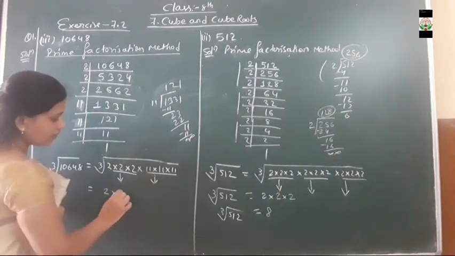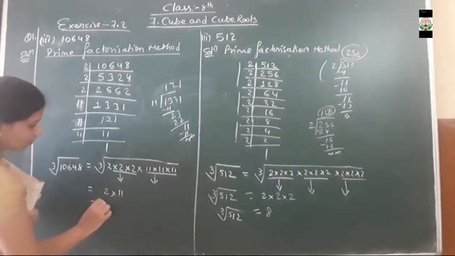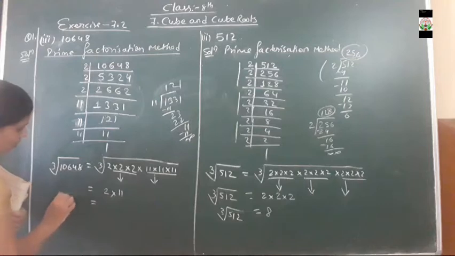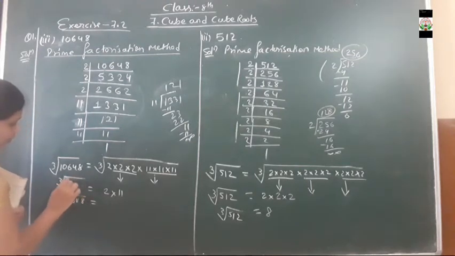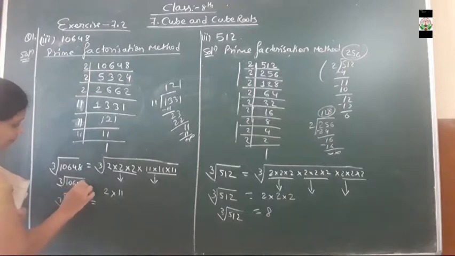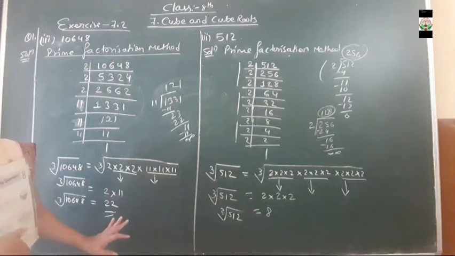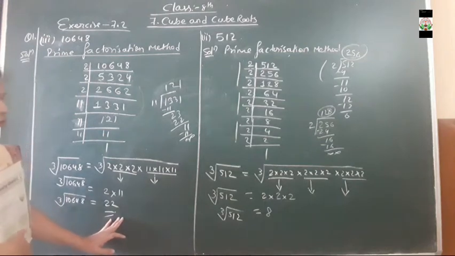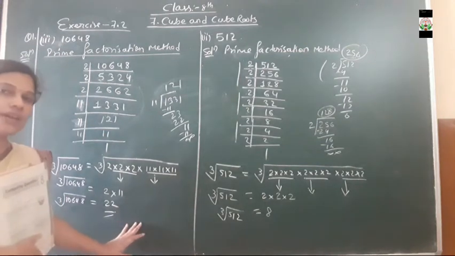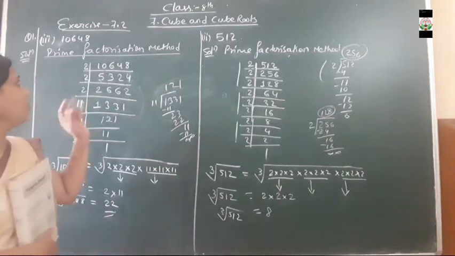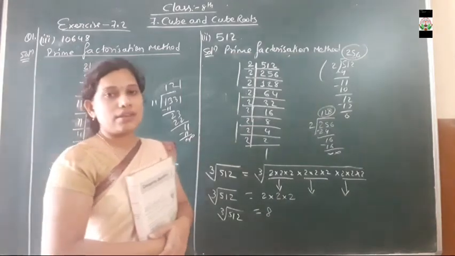Among the 3 numbers, one of the 11 comes outside. Hence the cube root of 10,648 will be 22. So here we have found the value of the cube root of 10,648.